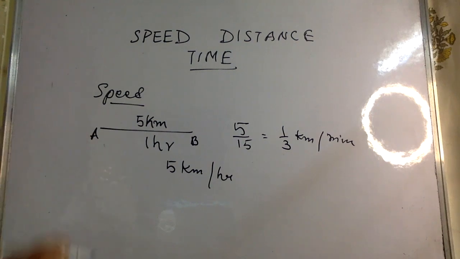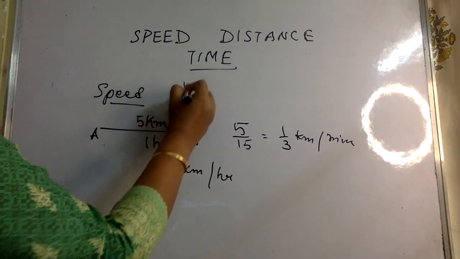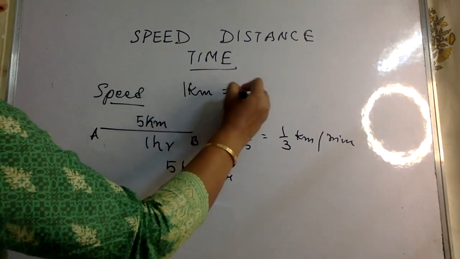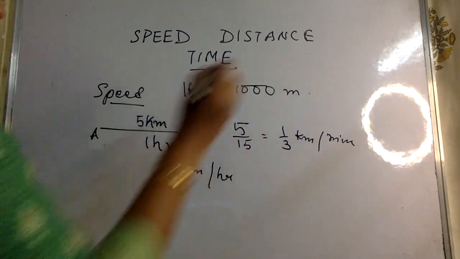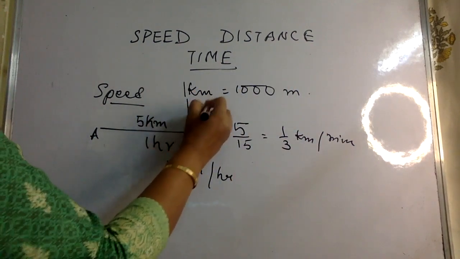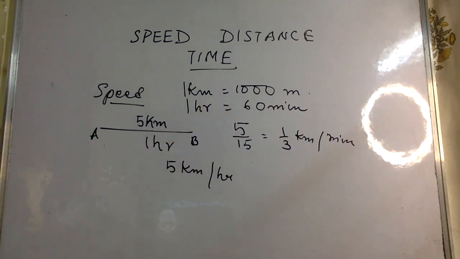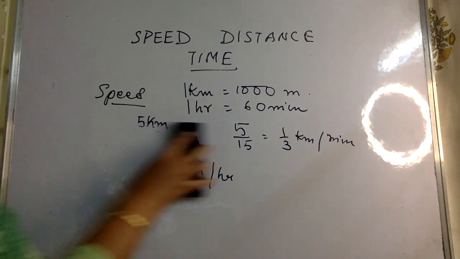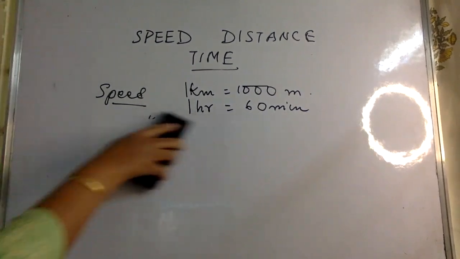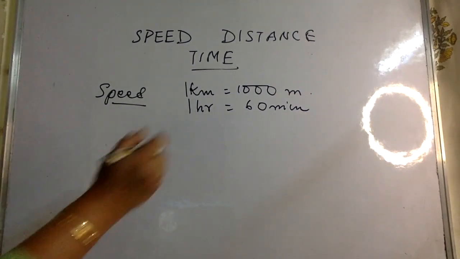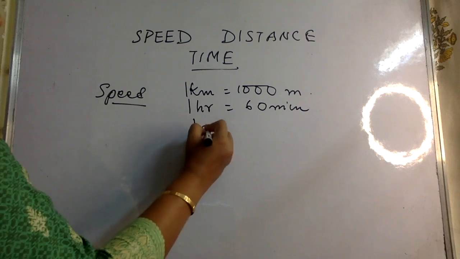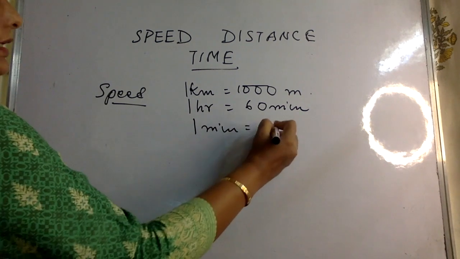Now when we start doing this topic, you have to be very clear that 1 kilometer is 1,000 meters, that you have to know. 1 hour is 60 minutes, that you have to know. And you also have to know that 1 minute is 60 seconds.